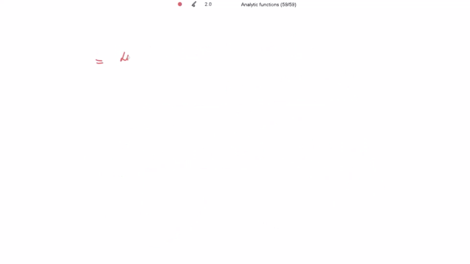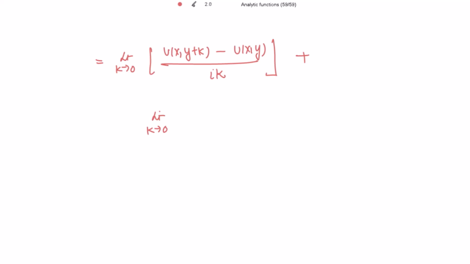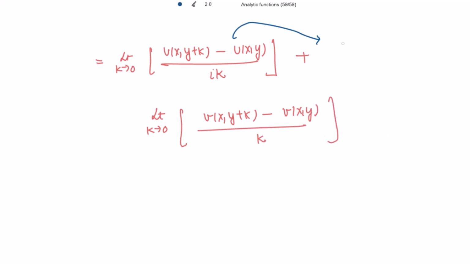So this is the limit as k tends to 0 of [u(x,y+k) - u(x,y)]/(ik) plus the limit as k tends to 0 of [v(x,y+k) - v(x,y)]/k. This is the definition for ∂u/∂y, and this is the definition for ∂v/∂y.